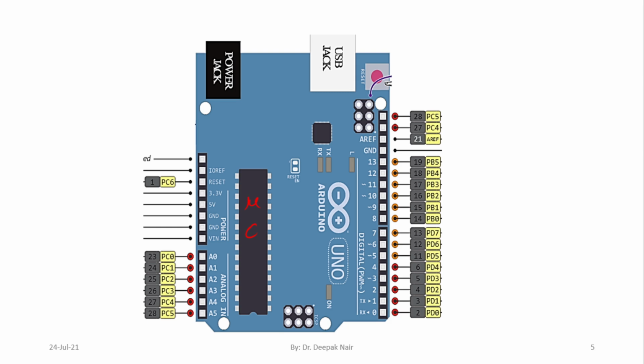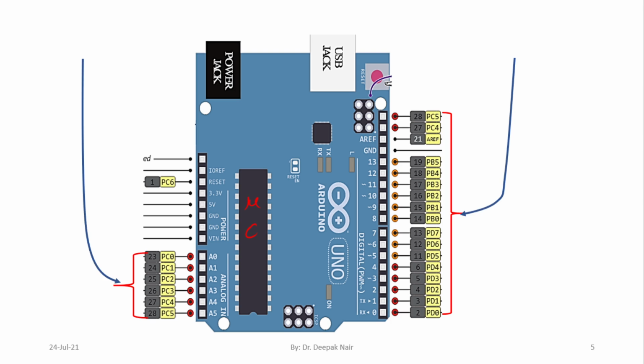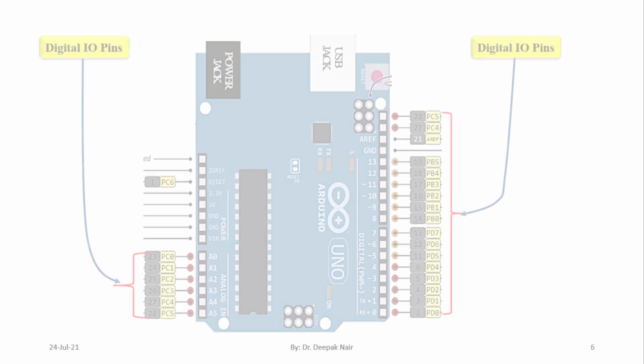Remember, almost all the pins shown here in yellow can work in digital input output mode. What does that mean? It means they can read digital inputs and they can generate digital outputs. So almost all the pins can work as a digital input or digital output.